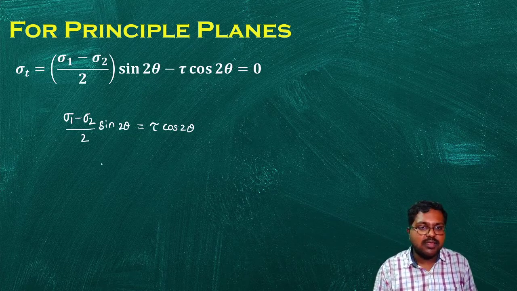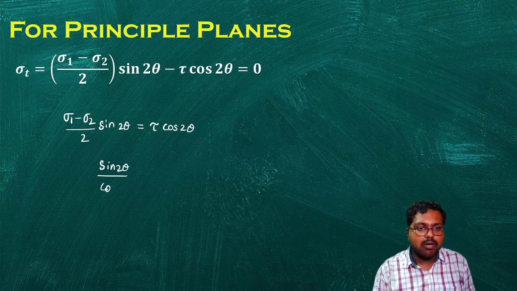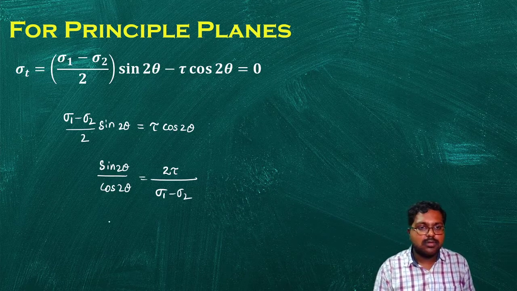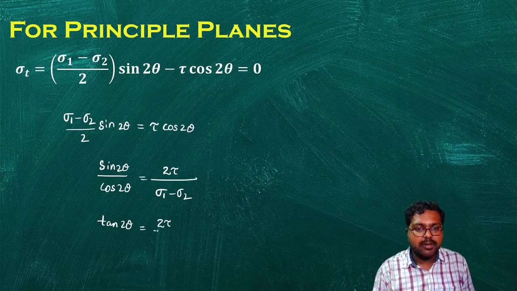So from this I will get sin 2 theta by cos 2 theta equal to 2 tau by (sigma 1 minus sigma 2), which is nothing but tan 2 theta equal to 2 tau by (sigma 1 minus sigma 2).